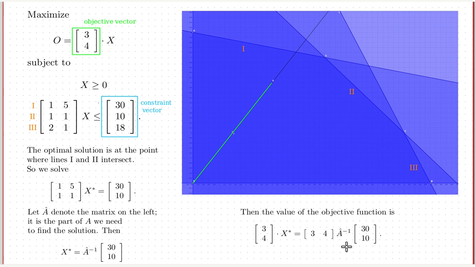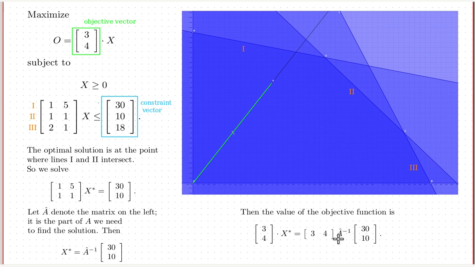And notice that here we've got the numbers from the constraint vector, the 30 and the 10, explicitly in the formula for the optimal value of O. So this will help us answer the question about sensitivities. What we should do now is let's do the calculation.